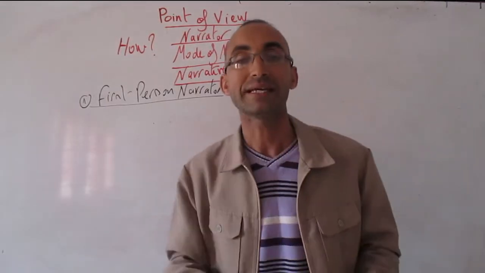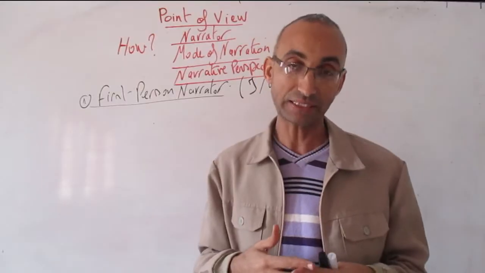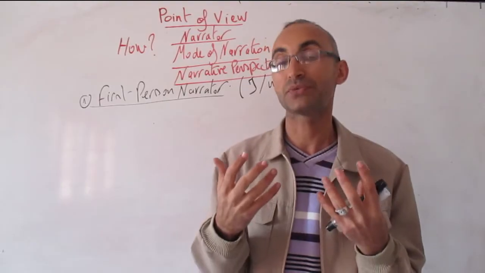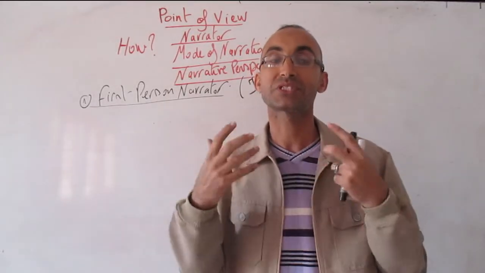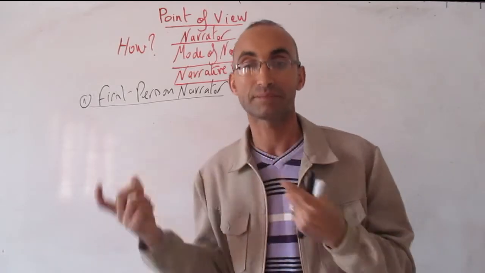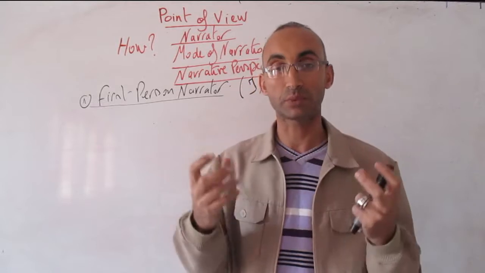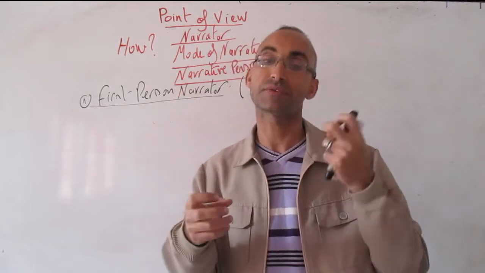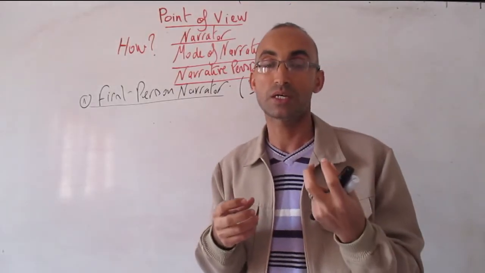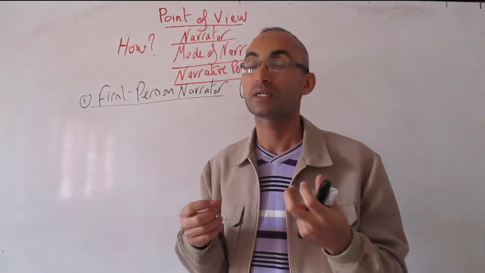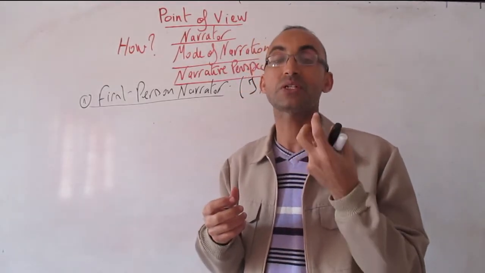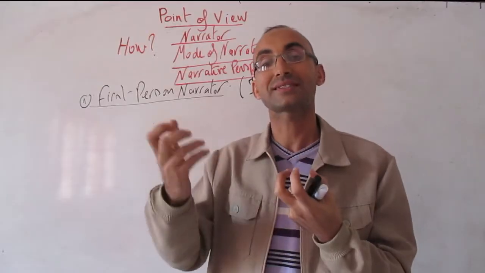narrate the story events. In fact, when we say I here of the narrator, we must be very careful that this I represents the view of the narrator and not of the author necessarily. So there is a big difference between the author of the story and the narrator. When I say I, for example, in the character of a story, like David Copperfield, so here the I does not necessarily represent Charles Dickens.